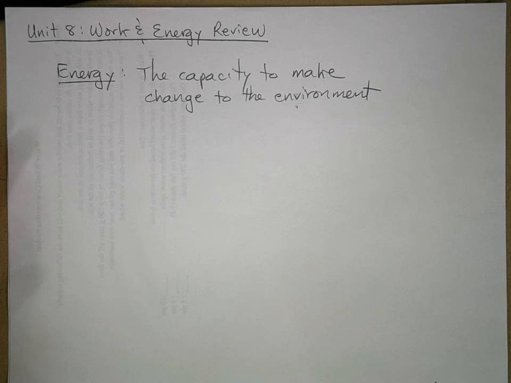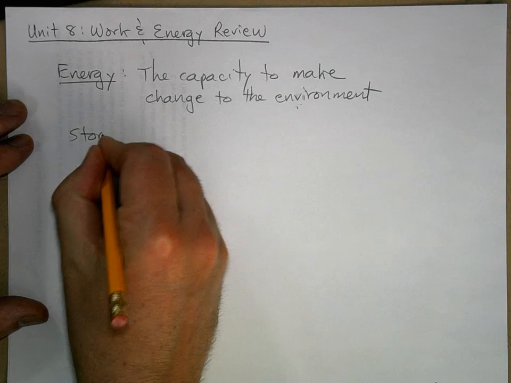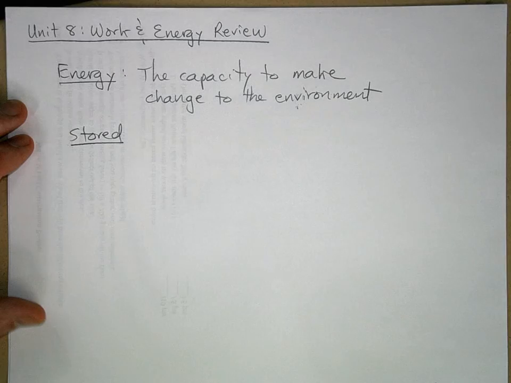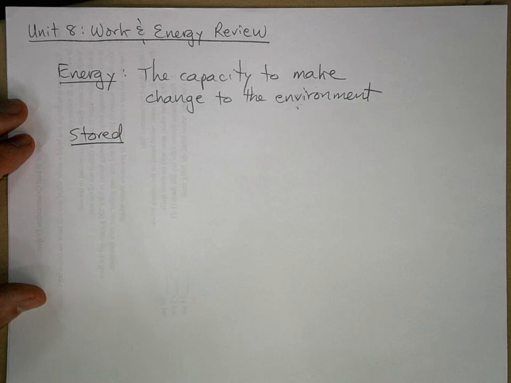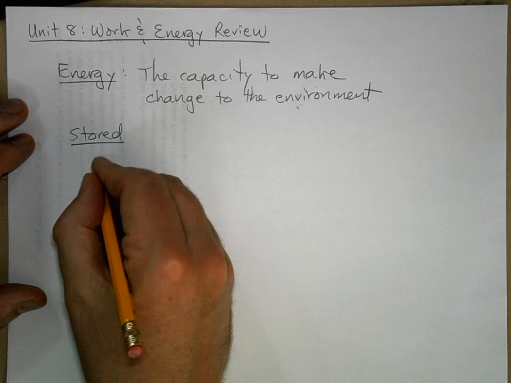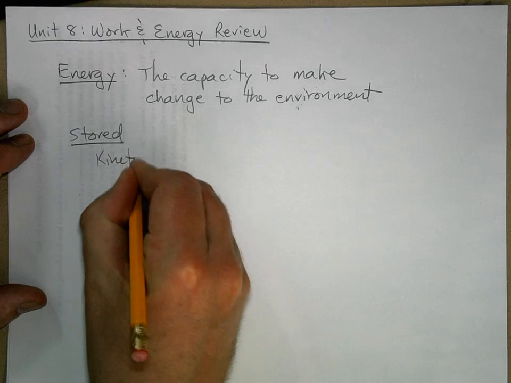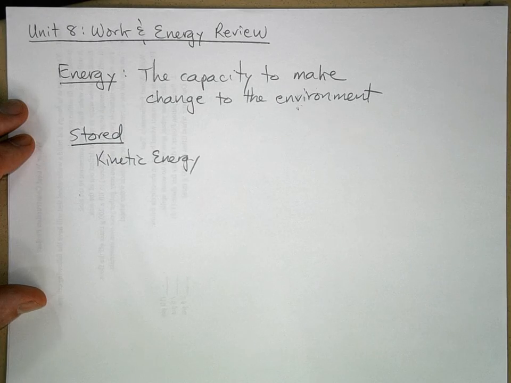Now, we said that energy can be stored in the environment somehow. And we talked about several ways of doing that. One of the ways is kinetic energy. Here the energy is stored up in the motion of an object.